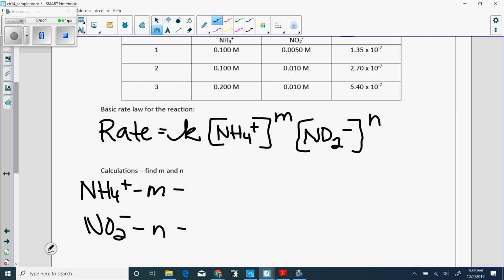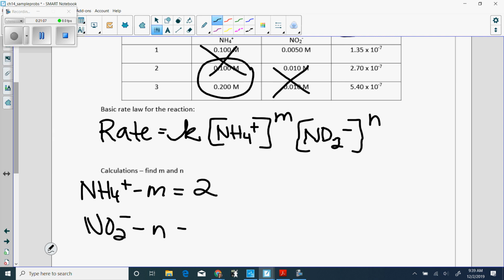So if I look at trial 1 and trial 2, my monkey, my NH4 plus doesn't change. If I look here at 2 and 3, my narwhal doesn't change. So if I'm trying to see how changing my NH4 changes my rate, I'm going to have to look at this. Because look, I doubled my concentration.